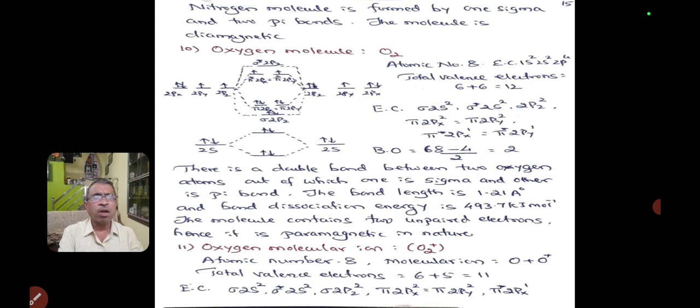Molecular electronic configuration is sigma 2s2, sigma star 2s2, sigma 2pz2, pi 2px2 equal to pi 2py2, pi star 2px1 equal to pi star 2py1. The bond order will be 8 minus 4 divided by 2, which is 2.